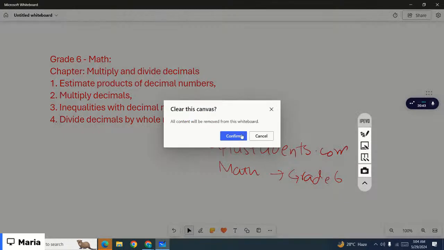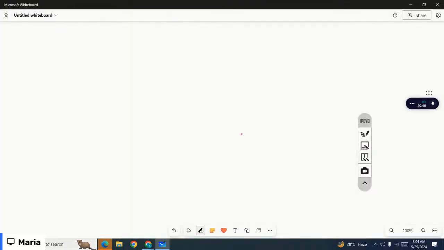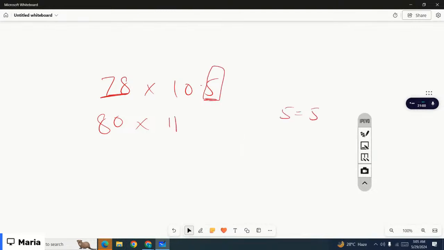So you have to round off both the numbers to the greatest place value. 78 is rounded off to 80, right? And then you have 10.5, the very first decimal is 5. 5 is equal to 5, so you need to round up. It would be rounded off to 11. And 11 times 80: 11 times 8 is 88. You need to add a 0, so that is 880.